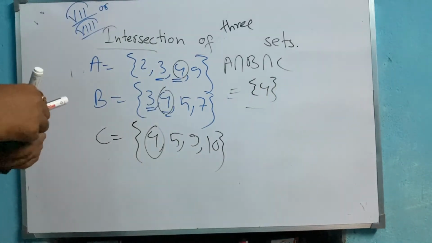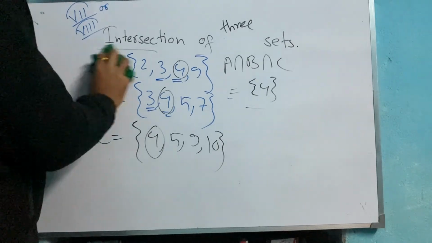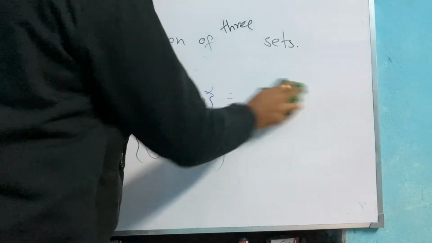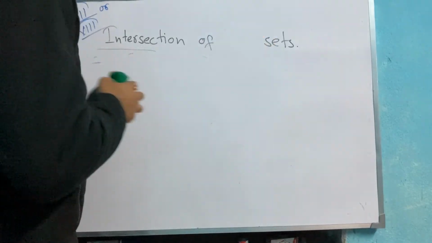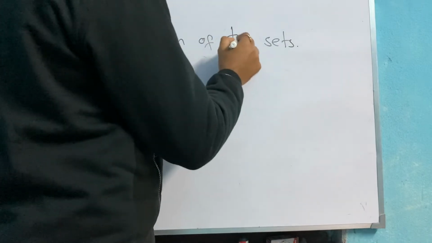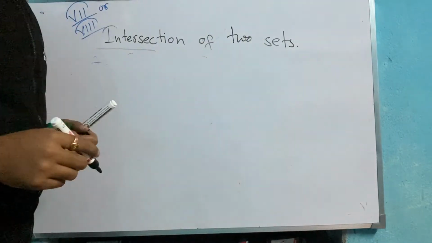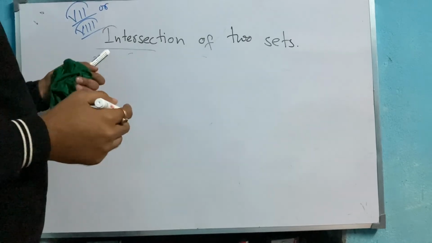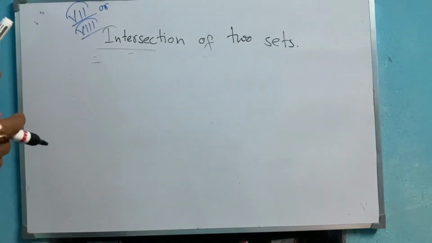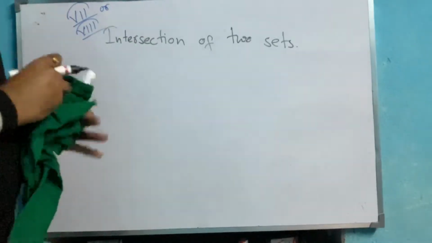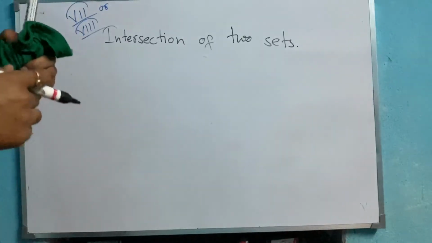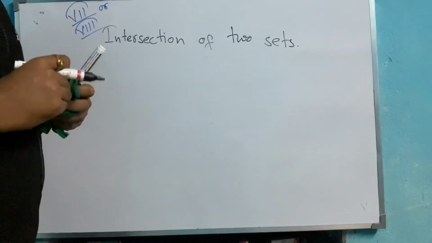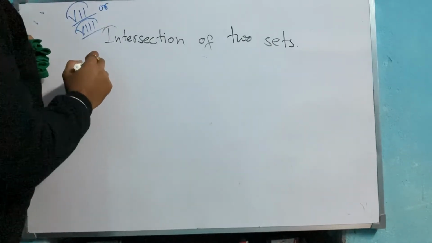If no elements are common in 2 sets, or more sets, then the intersection of those sets will be empty.